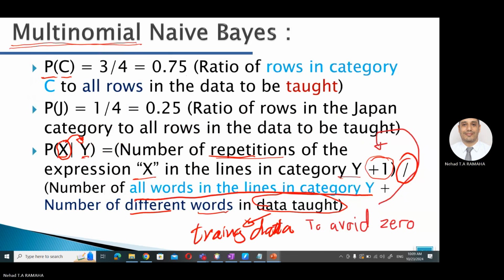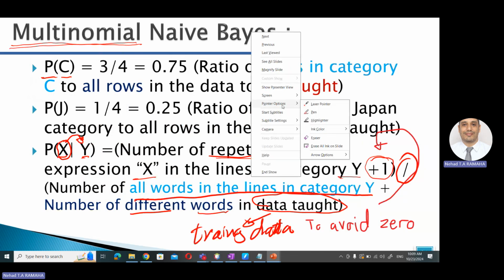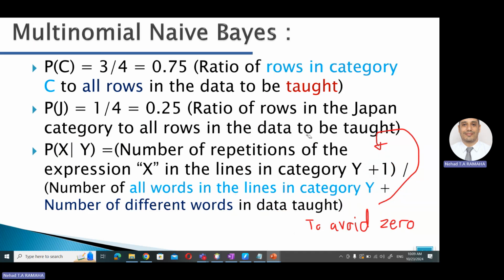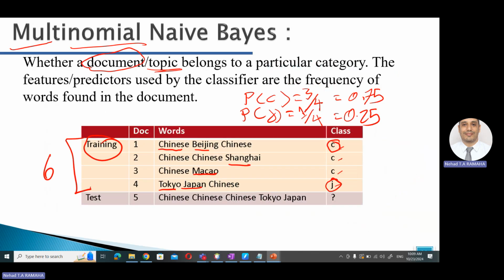So let's see how to use this one. Okay, so first of all, we need what? To classify this one. So probability of this testing will be C with the testing data, or G or J with the testing data.